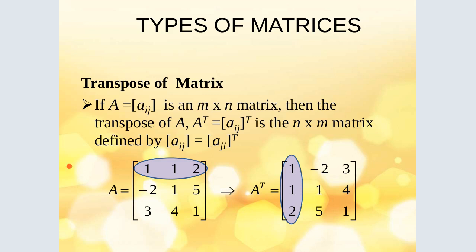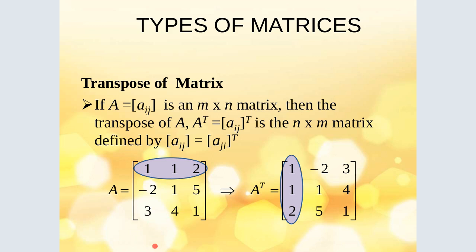How to transpose a matrix? So far, I think you understand how to transpose a matrix. For example, here we had a row 1, 1, 2, then another -2, 1, 5. When you are supposed to transpose, you make the first row become the first column. It's going to be 1, 1, 2. Then the second row becomes the second column, -2, 1, 5.